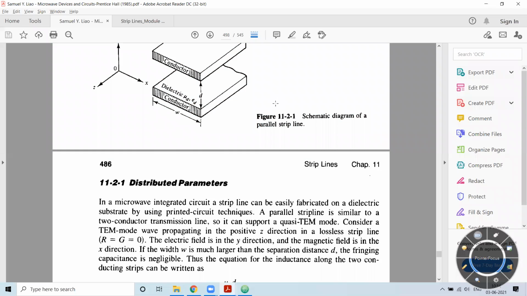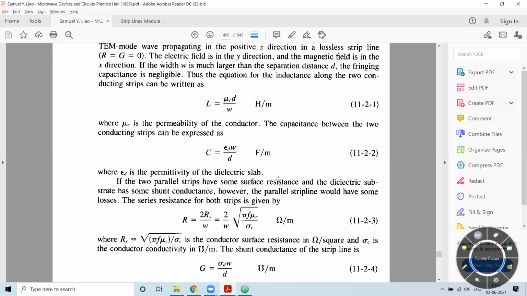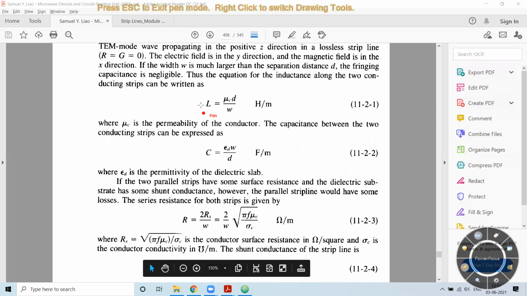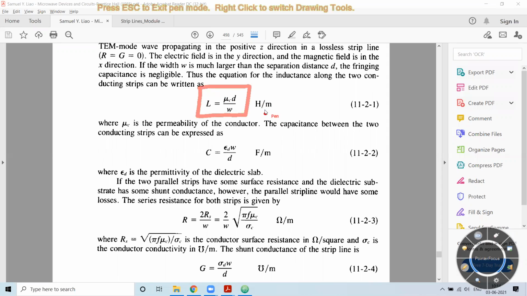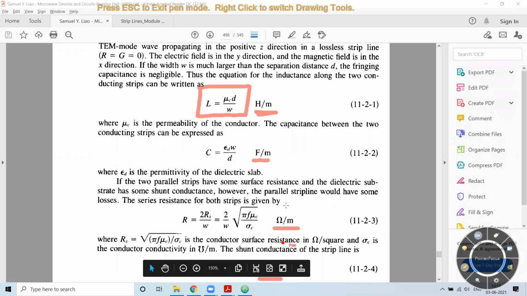So these are the previous assumptions we had seen. Based on that, we can have the inductance parameter, and since all these are distributed parameters, their unit, if you observe, is given as per meter.